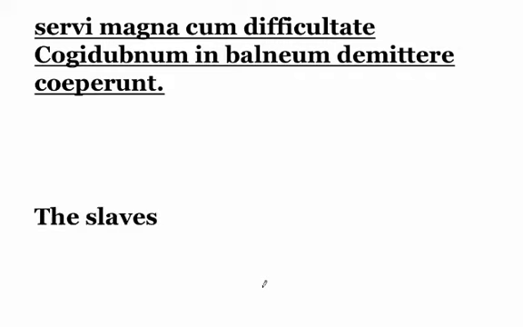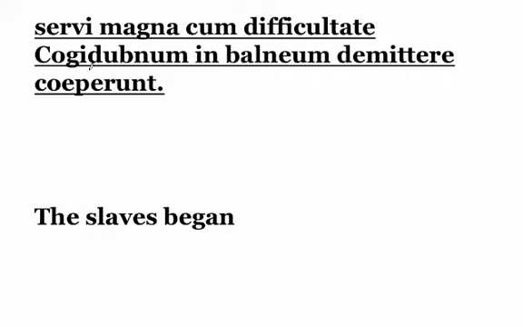The slaves coeperunt, began. Now this verb is a very weird verb. It only occurs in the past tense. In Latin, when you want to say you began something, you use the verb coepi, I began, coeperunt, they began, servi coeperunt, the slaves began.